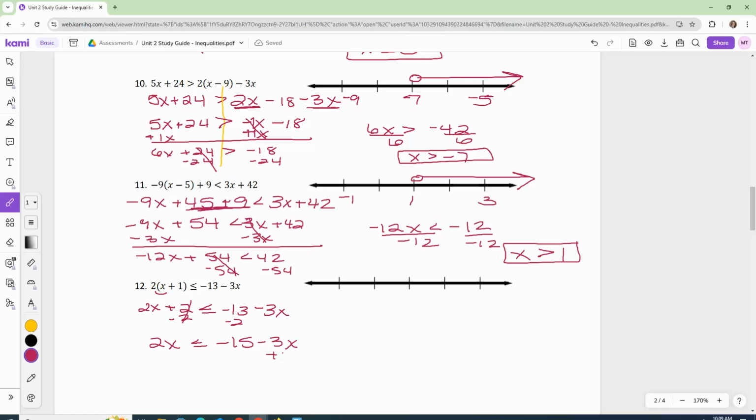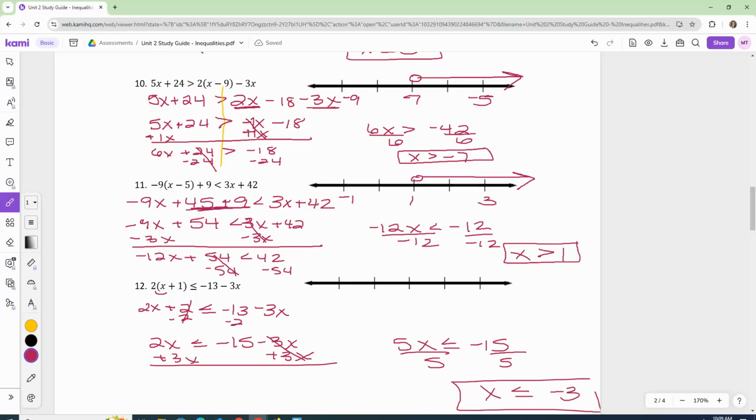And add the 3x over. Good. So we get 5x is less than or equal to negative 15. Does it flip? No, because we divided by a positive. So x is less than or equal to negative 3. Open or closed? Closed. And going to the left.